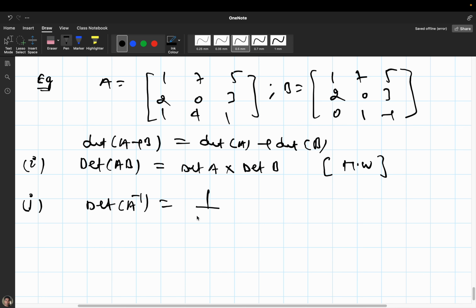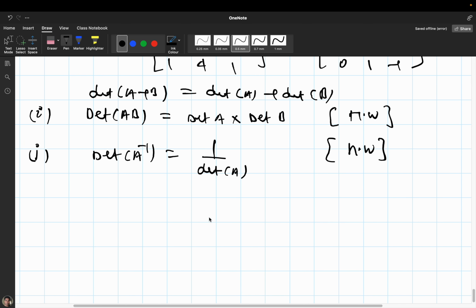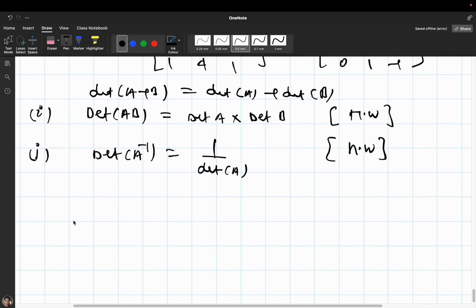It is 1 divided by the determinant of A. Take this also as homework and prove this. These two are not very difficult. You can easily prove this.